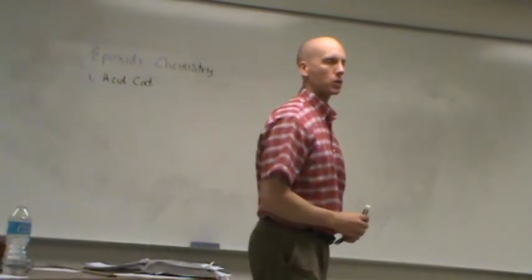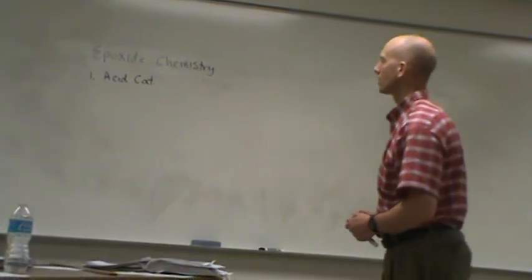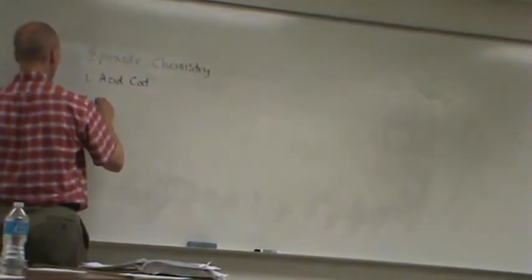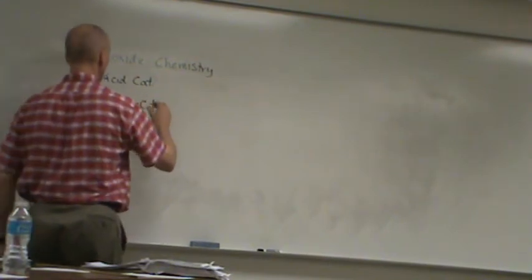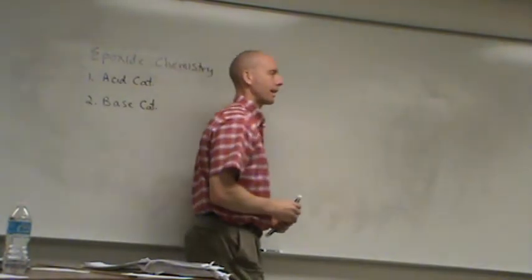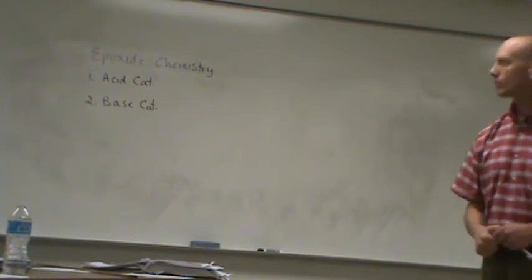One type of reaction is what's called an acid catalysis reaction. And the other reaction is a base catalysis reaction. Okay. Let's go ahead and look at these two. And that's what we'll spend the rest of the lecture on.